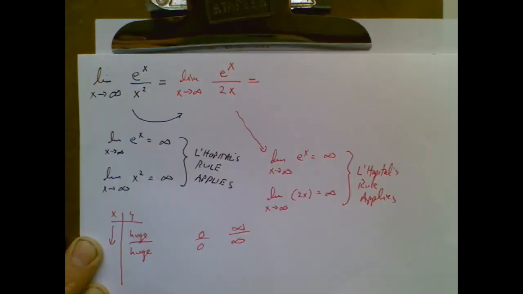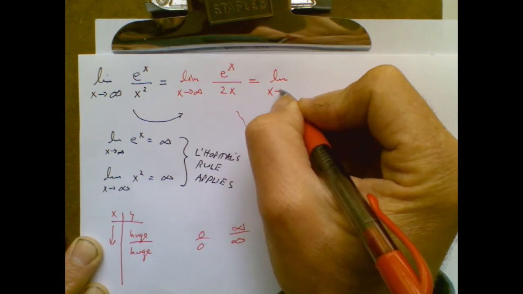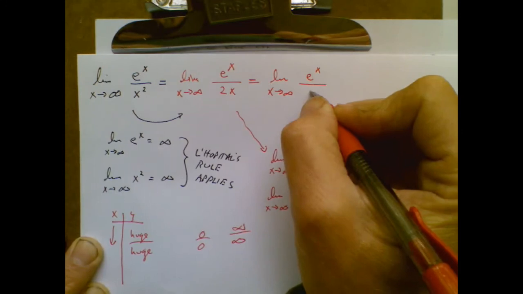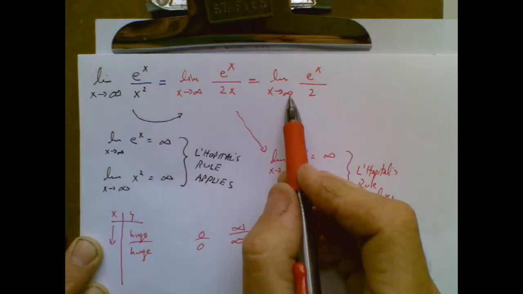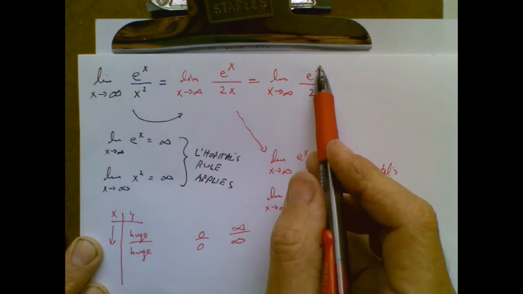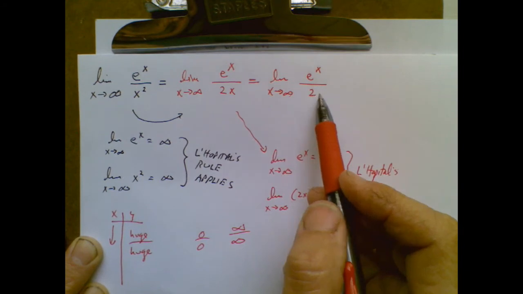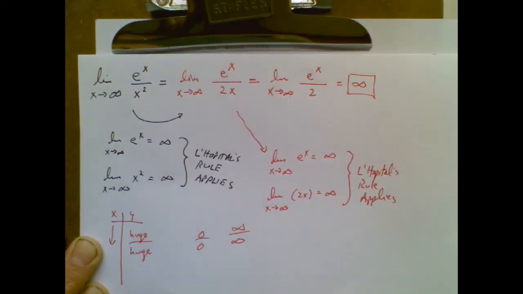So L'Hopital's rule says take the derivative of the numerator. Well, that's easy again. Take the derivative of the denominator. Now, as we approach infinity, I get an infinity or a huge number on top. Bottom stays at 2. So my final answer is infinity.